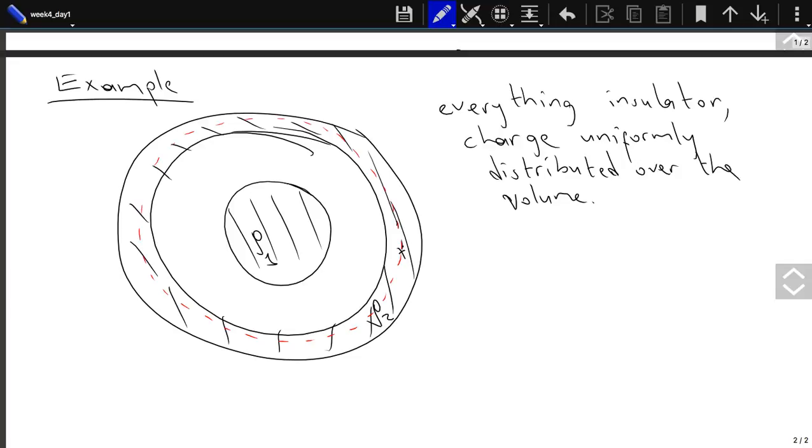So all of these charges, using rho 1 and rho 2, you have to calculate the total charge inside this red surface. And all that charge will act as if it's a point charge at the center. And these charges on the outside of the sphere, they will not contribute to the electric field. And so you know the electric field.